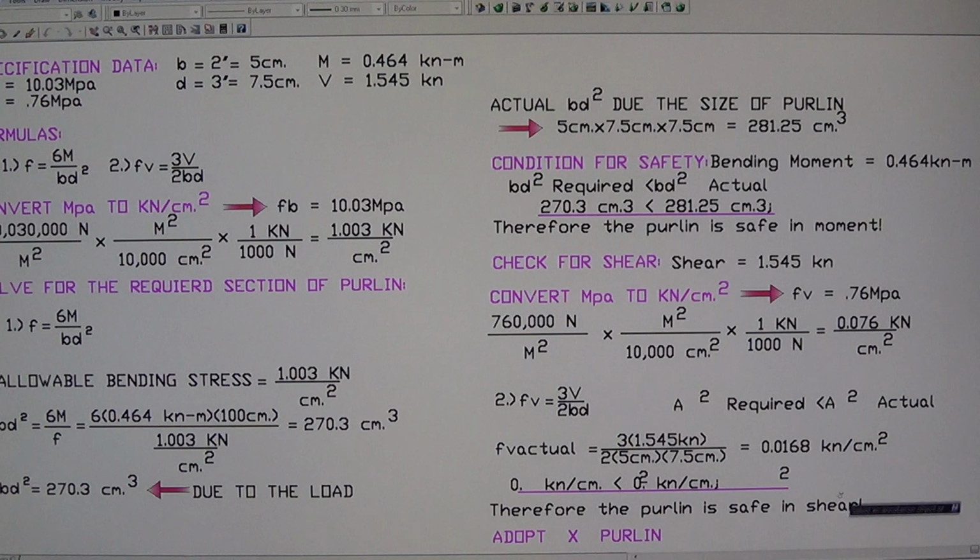Okay, that's the actual shear due to the shear load of 1.545 kilonewton.